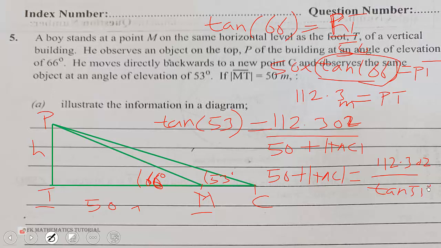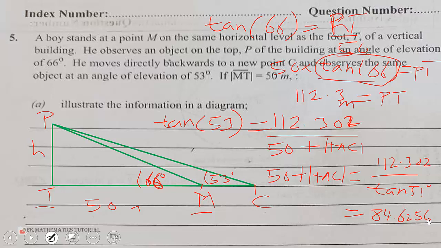So 112.302 divided by tan 53 will give us 84.6256.